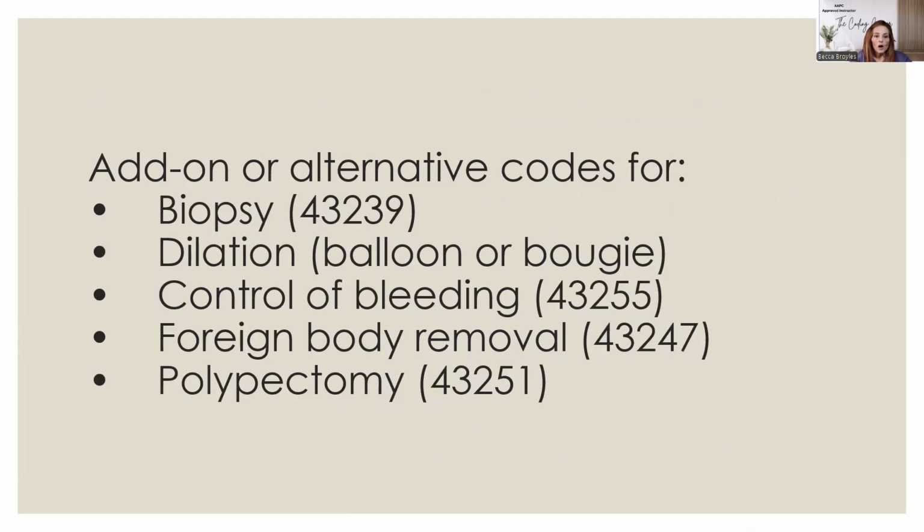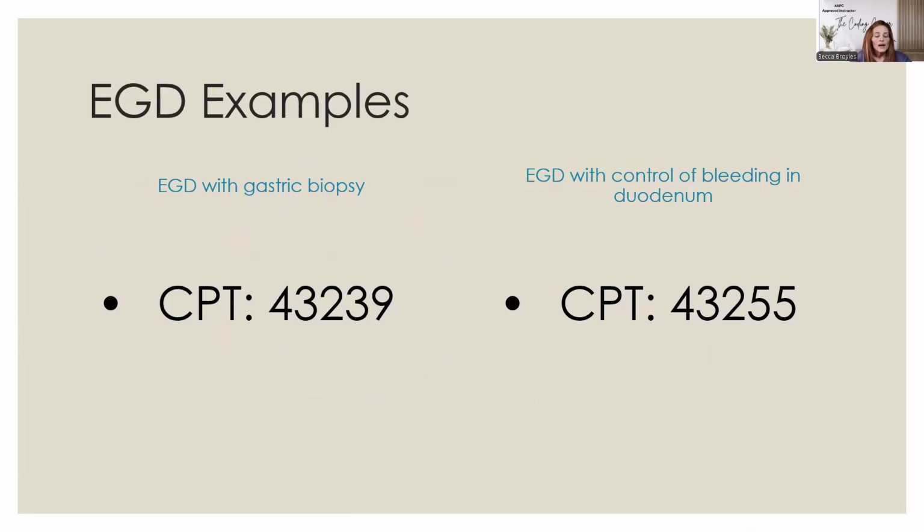Some add-on or alternative codes can be biopsy 43239, dilation, control of bleeding 43255, foreign body removal 43247, or polypectomy 43251. An EGD coding example, we have EGD with gastric biopsy.